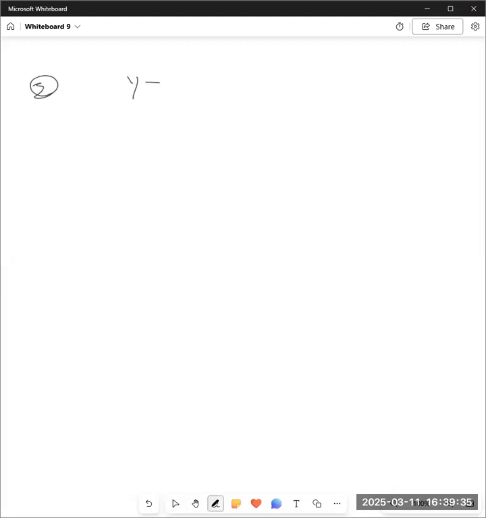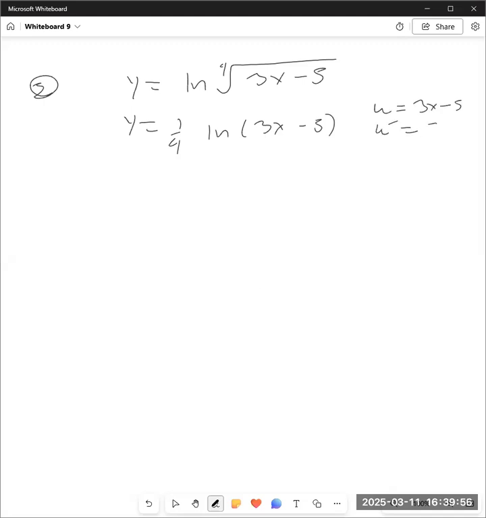And y is equal to ln of the 4th root of 3x minus 5. Now this is definitely one where I want to pull that out to start out with. And I want to make my u 3x minus 5 and my u prime equal to 3. So y prime is 1/4 of, and there's 3x minus 5 down there and up here.